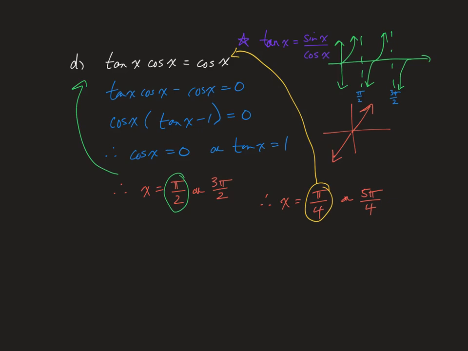I want you to notice that tan equaling sine over cos actually puts a hidden restriction in the problem. That because tan equals sine over cos, and cos x is on the denominator, then that means that cos x can never equal 0, because then I would have an undefined value.